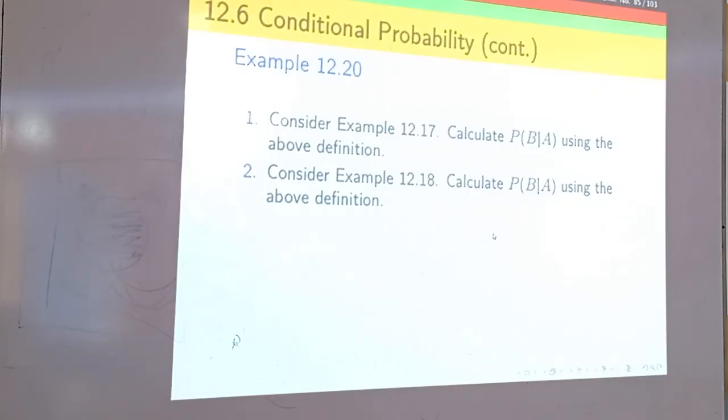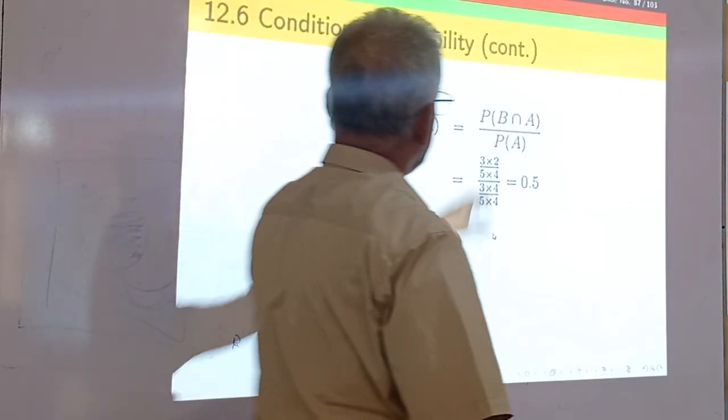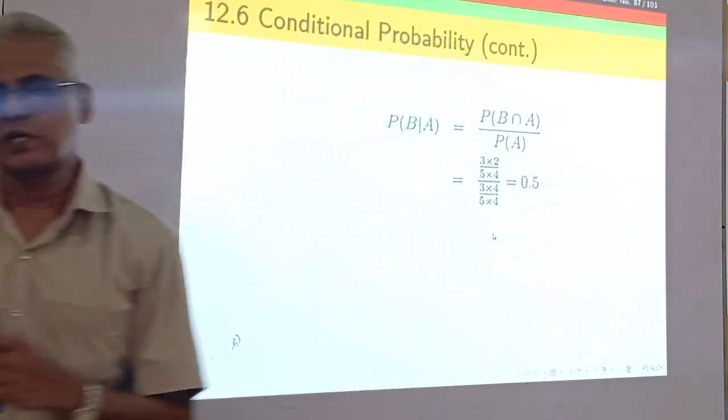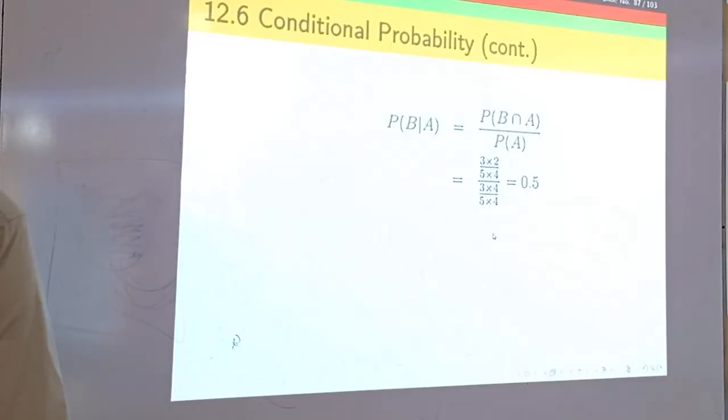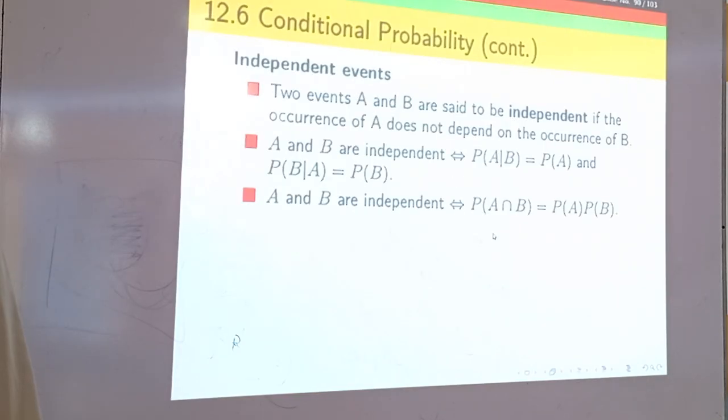I just ask you to do that as a practice. You can use the formula. In that case, the probability of B given A, the probability of B intersection A and probability of A can be calculated using the classical method. So use the classical method and you see the same answer.